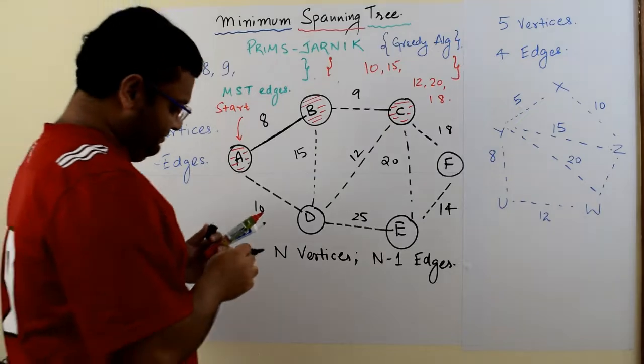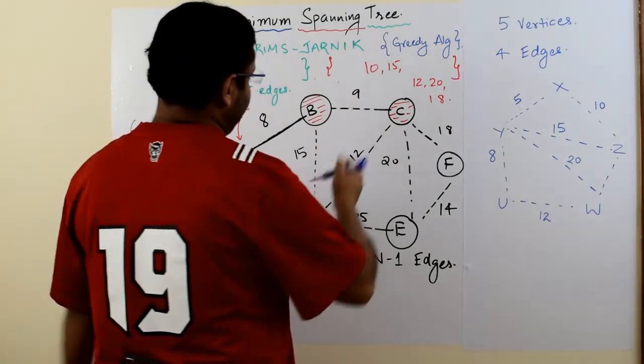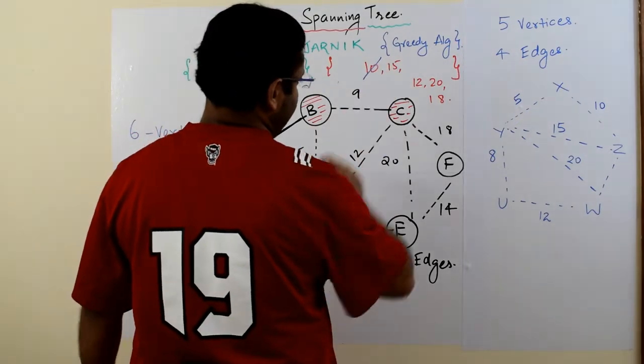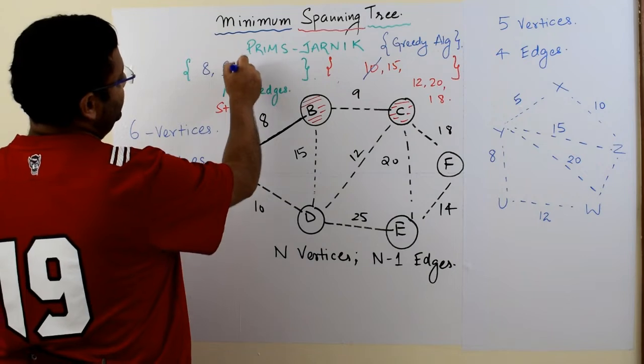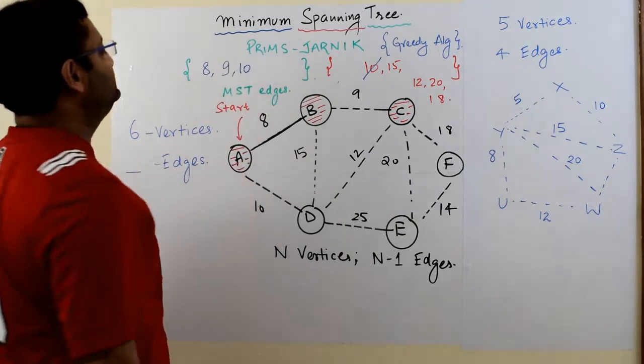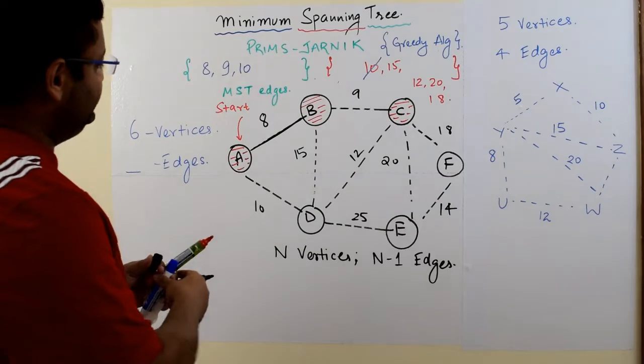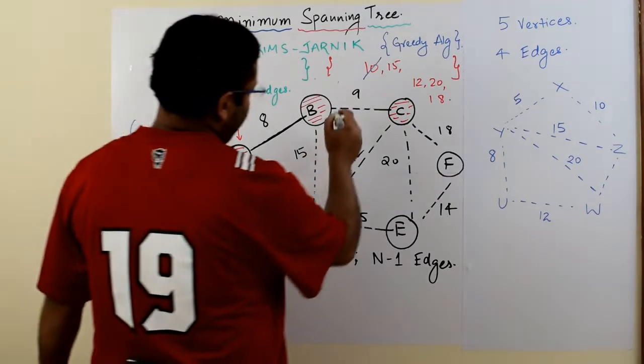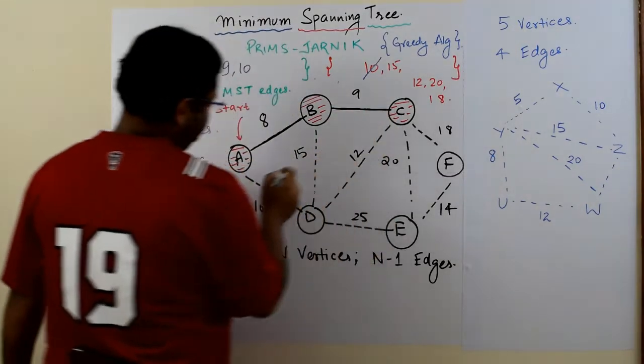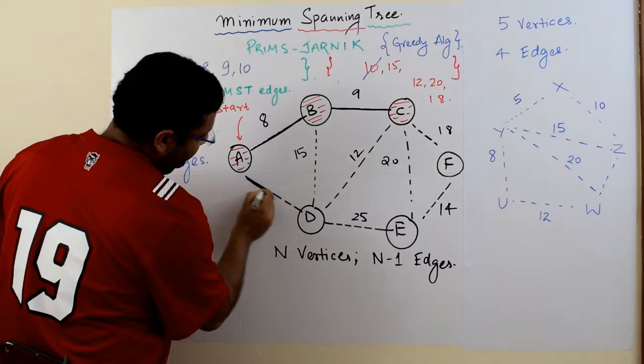So which will be my minimum edge now? It will definitely be 10, right? So I take this edge and put it into my minimum spanning tree edges collection. It means this edge is also part of the minimum spanning tree, just as 9, correct?